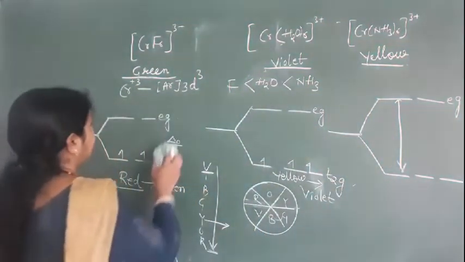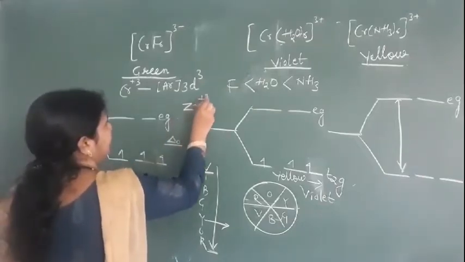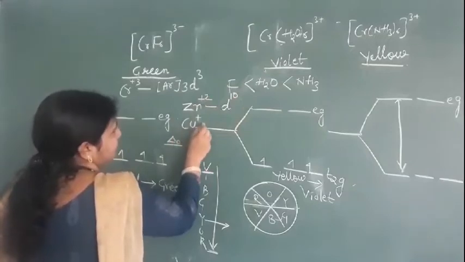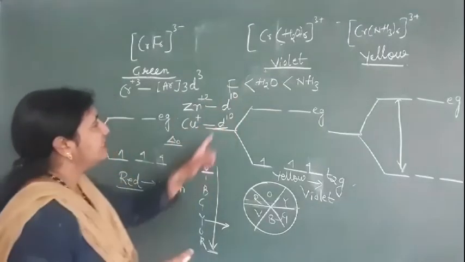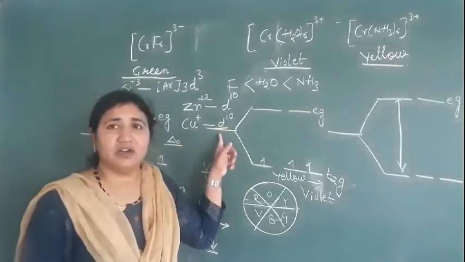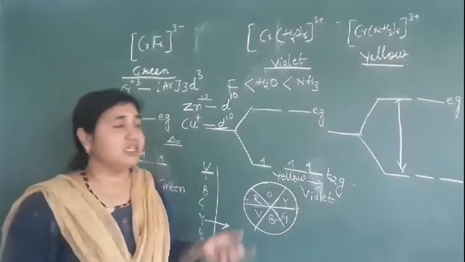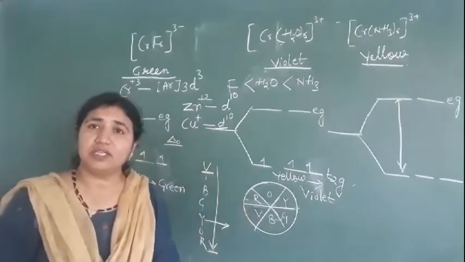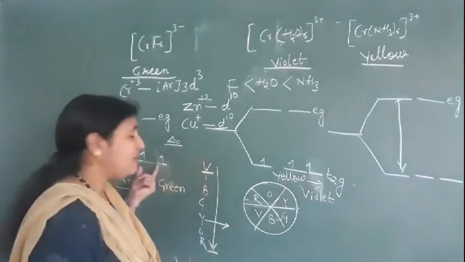For Zn+2 we have d10, and for Cu+ here also we have d10 electronic configuration, the d subshell filled with 10 electrons. In this case, color formation does not take place. The compound will be colorless.